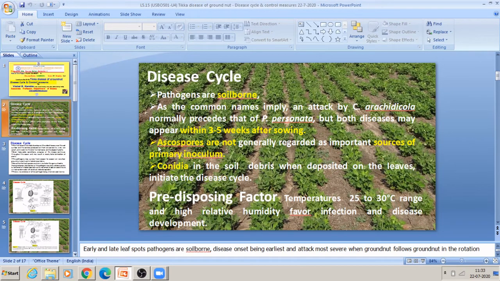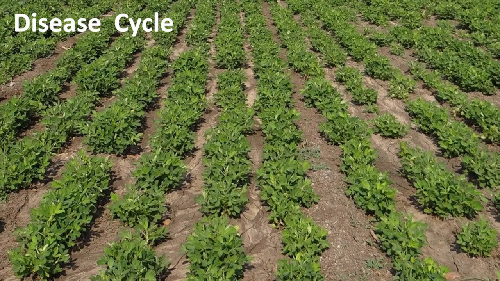So as far as the previous class is concerned, I will just make a summary of the previous discussion. We have studied about causal organism and related symptoms. As usual, we discussed every time, whenever it is a plant pathological aspect, host, how it gets affected by causal organism.